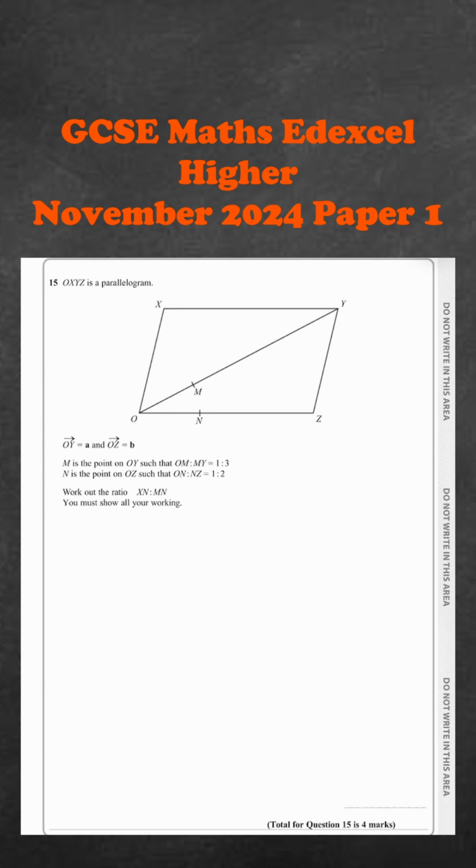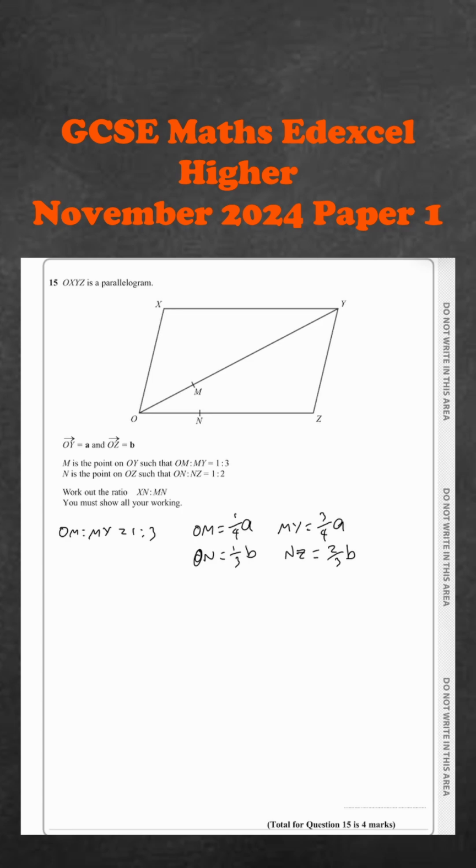Okay, so OY is A, which means since we have OM compared to MY is 1 to 3, that means that OM is going to be a quarter of A and MY is going to be 3/4 of A. Similarly, ON is going to be 1/3 of B, and NZ is going to be 2/3 of B. So the question wants us to find out what XN is.